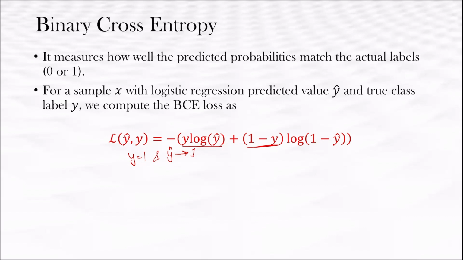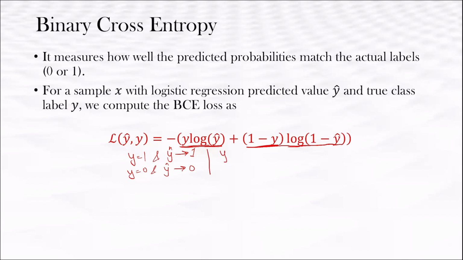So when y hat is close to 1, log of y hat will be close to 0 and hence the value of the error will be less. Similarly, if y was 0 and y hat was close to 0, in this case, this value will be 0 and then this value will be the only thing that will be part of the error. And since y hat is close to 0, log of 1 minus y hat will be close to 0 again. So in this case, again, the loss value will be less.